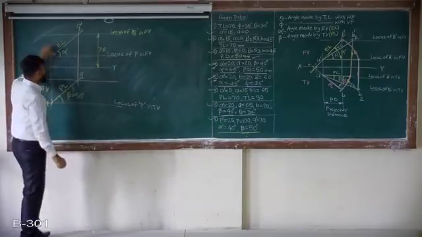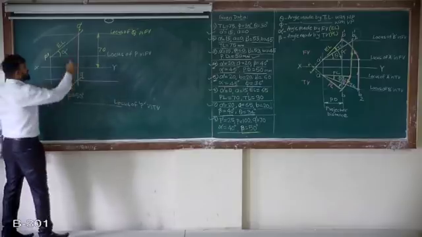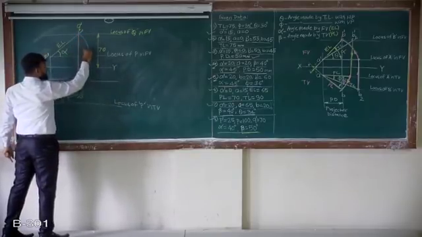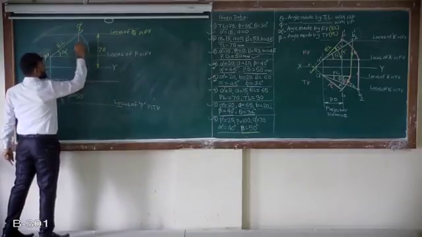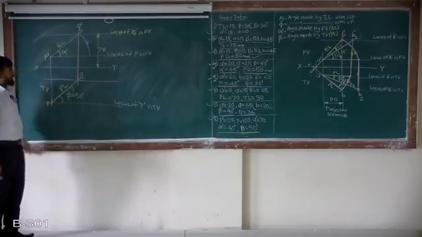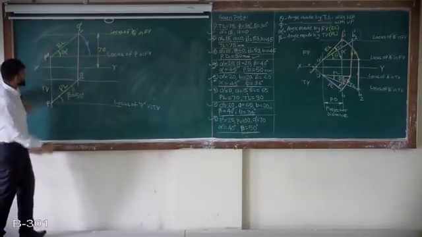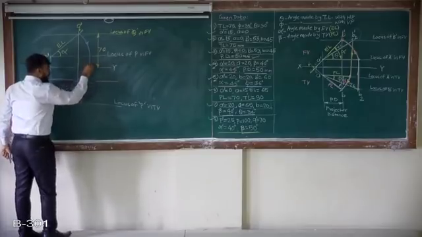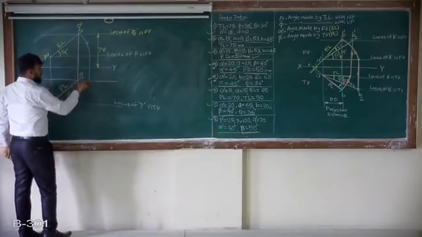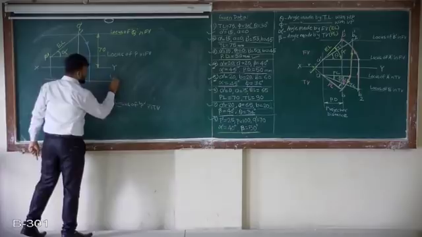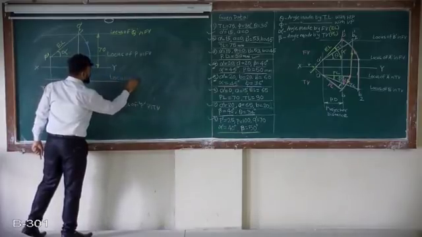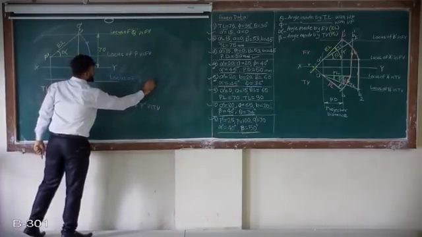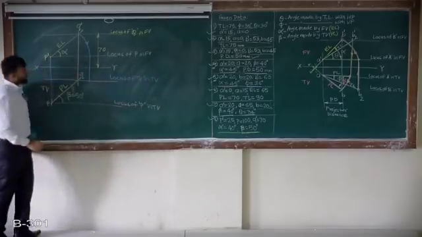Last, how we get true length? Once we know EL or PL, making this EL parallel to XY. So I will rotate this and then taking a projector onto the corresponding locus of Q. This is what we got the locus of point Q in top view.